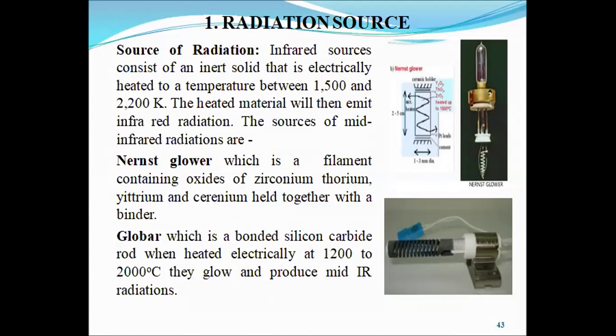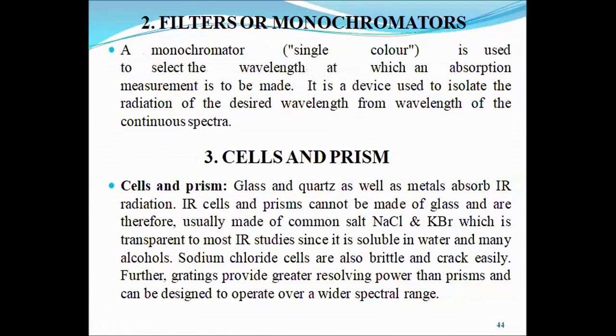This is a photograph of the Nernst Glower, a filament containing oxides of zirconium, thorium, yttrium and selenium held together, whereas the Globar is a bonded silicon carbide rod, which is electrically heated to produce the IR radiation. So the source of infrared radiation can be the Nernst Glower or the Globar.